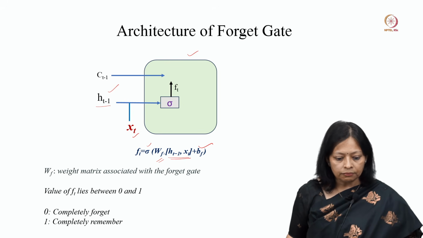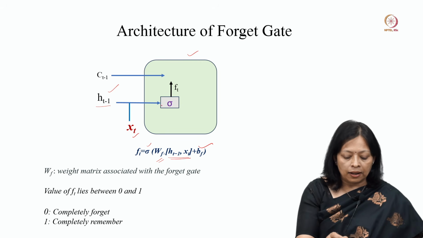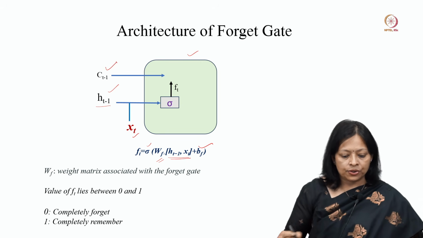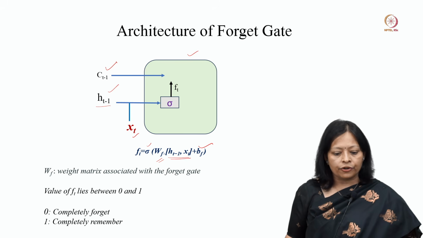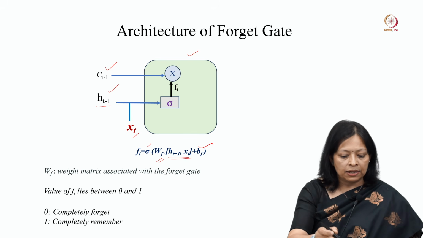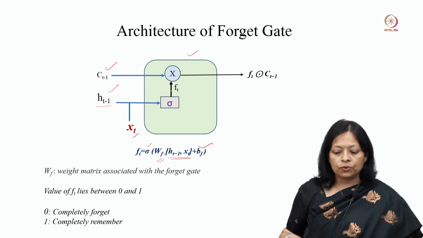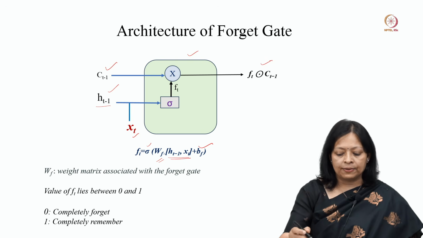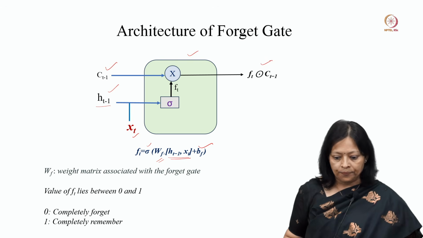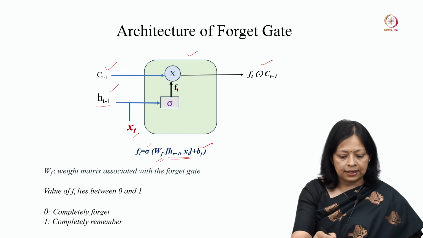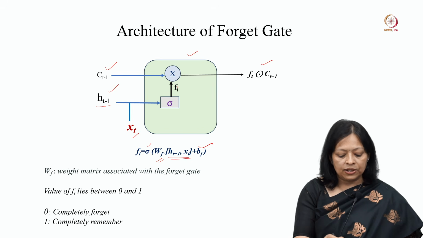Now, after this, Ct minus 1 also comes inside the forget gate. This Ct minus 1 has an element wise multiplication with Ft. So, what we are getting is Ft element wise multiplied with Ct minus 1. What exactly is happening here? This Ft value is between 0 and 1.